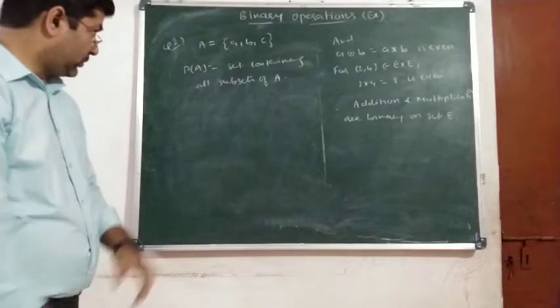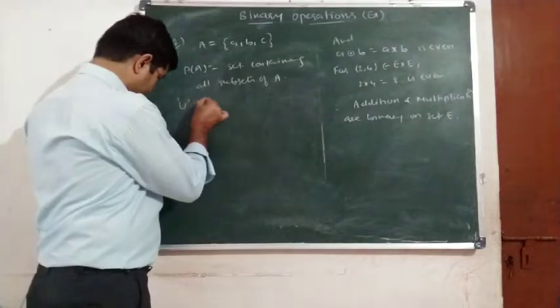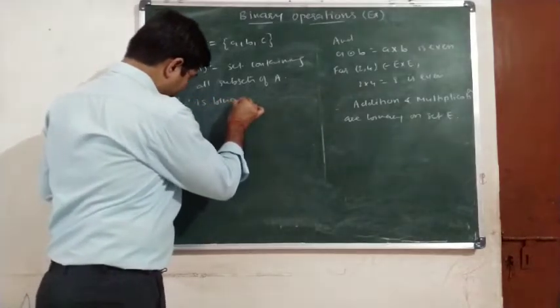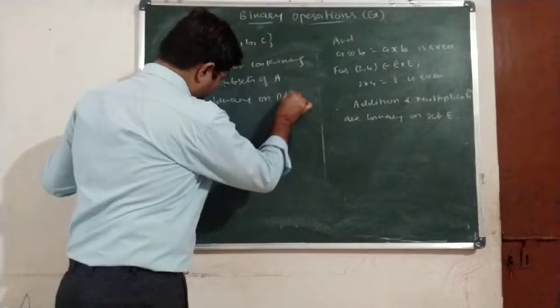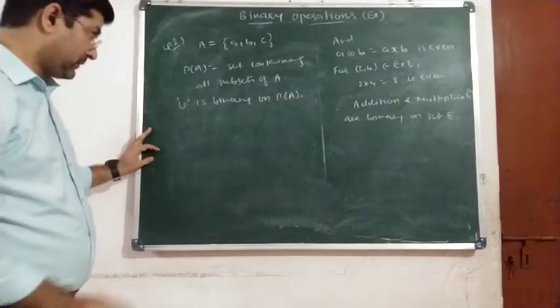Clear? Okay, now we have to show that union is binary on P of A. So now let us prove.